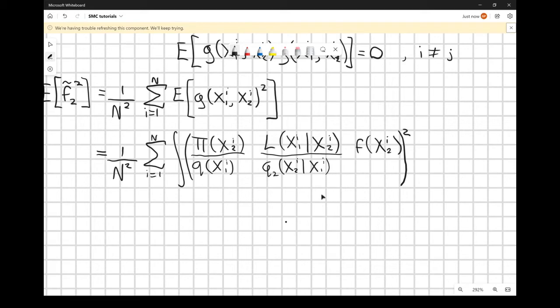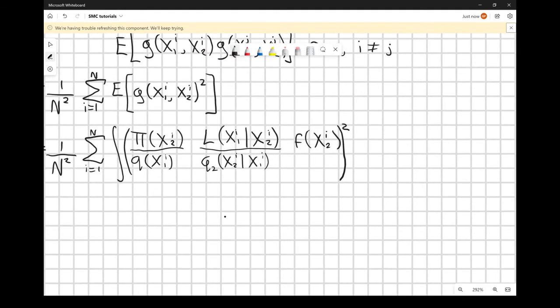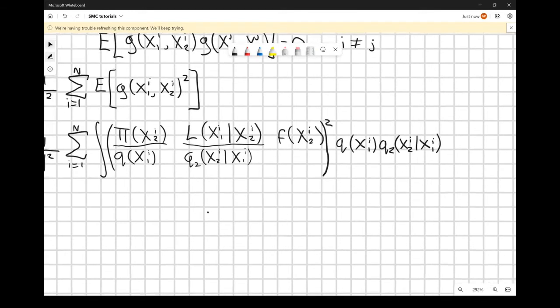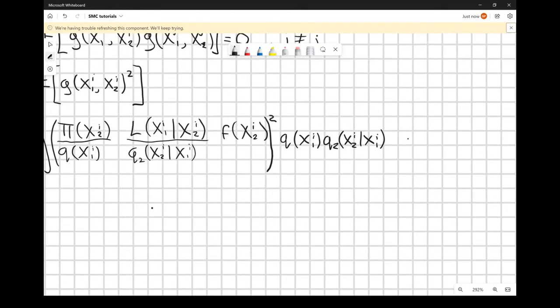And as we said, it is the expectation with respect to this proposal, so we're going to write that proposal on the right hand side here. So q evaluated at x1i, and then our second proposal, or a proposal that gives us samples at iteration 2, over dx1i and dx2i.